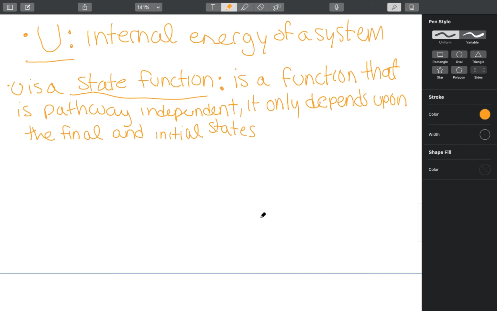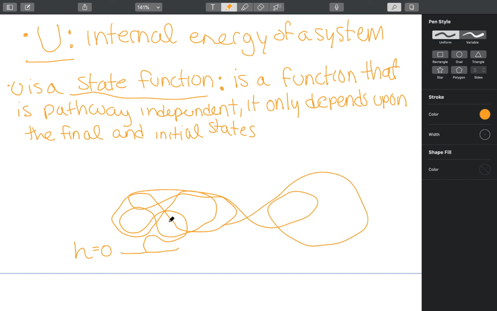So a great example of a state function would be potential energy. Let's just say you start from a height equal to 0, and then you travel along like this. So you're going all these zigzags. You may go here, there, but you end up right here.